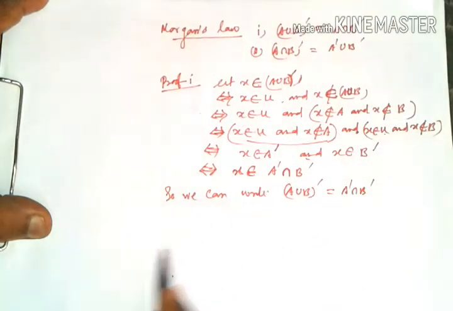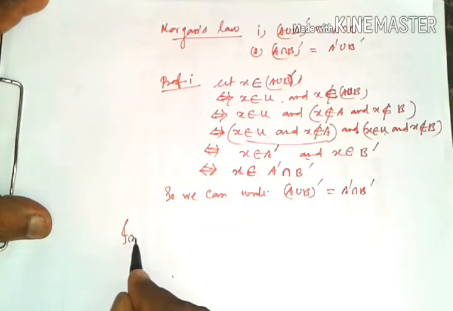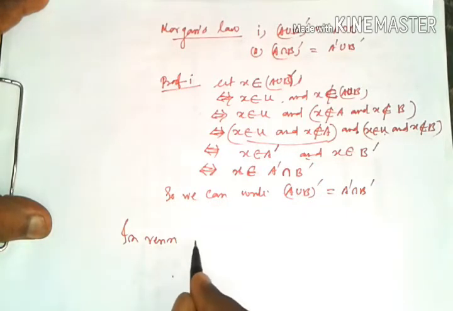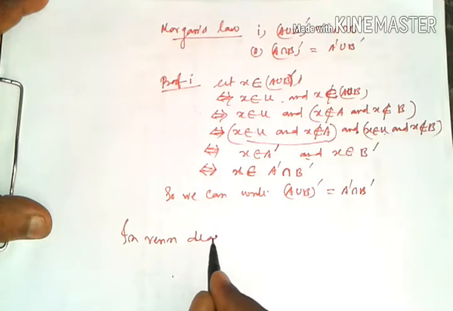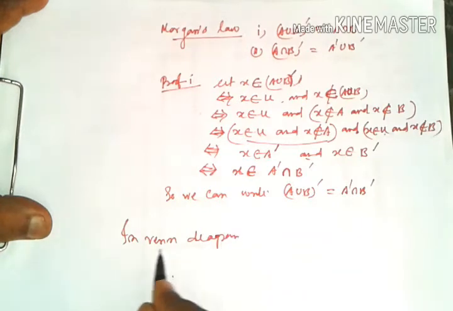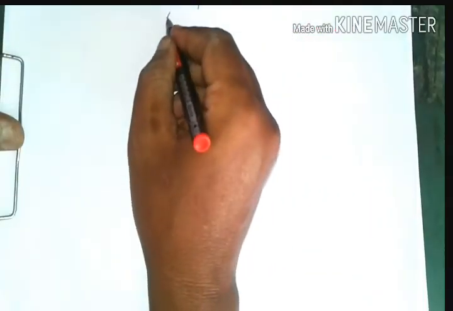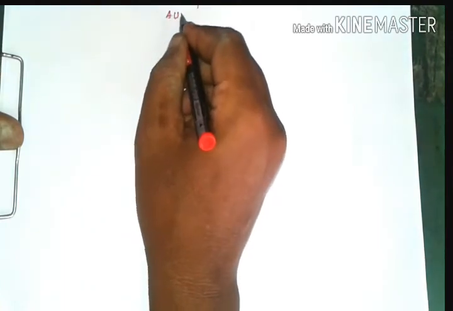We can prove it with the help of Venn diagram. In Venn diagram, (A union B) dash.